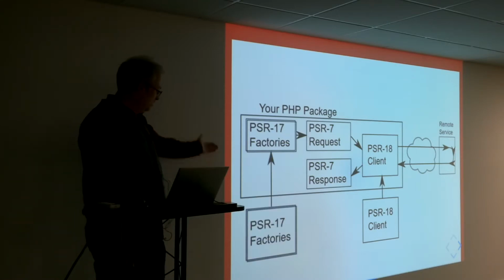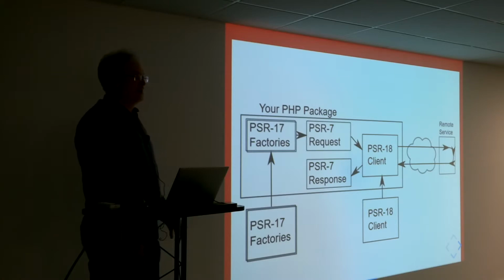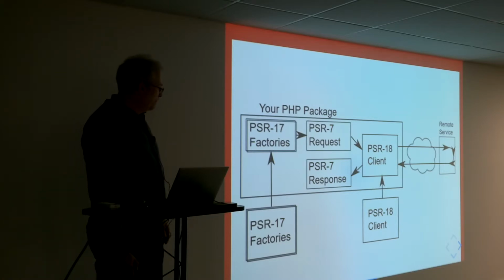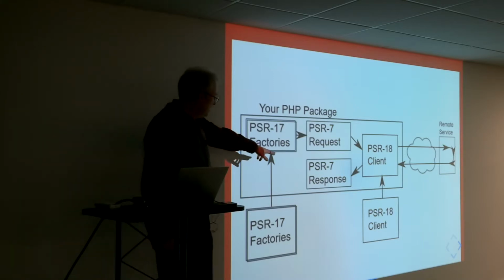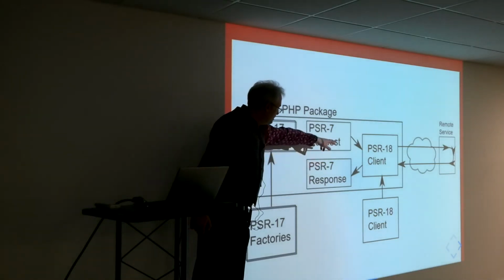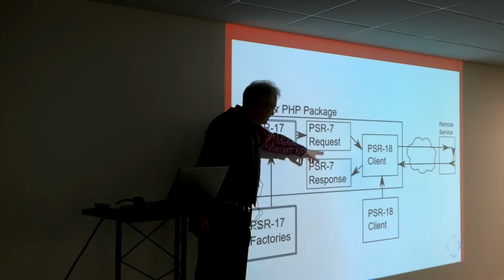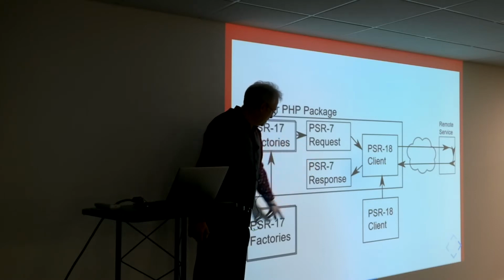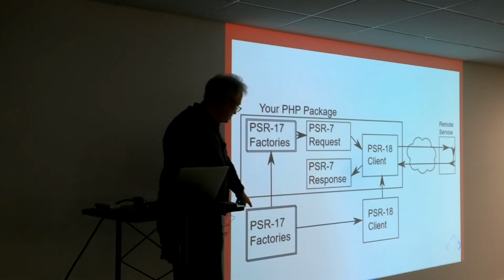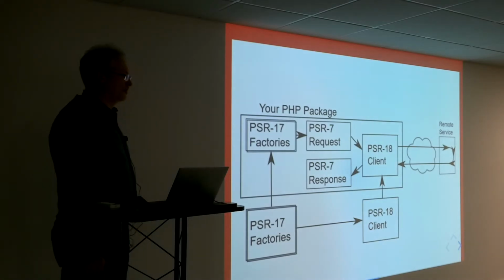And again, you can inject that factory in from any number of different libraries that support that standard. Now if you notice also this response here, the client returns a response. That is also a PSR-7 response. So your client will also need access to those factories to create its own responses.